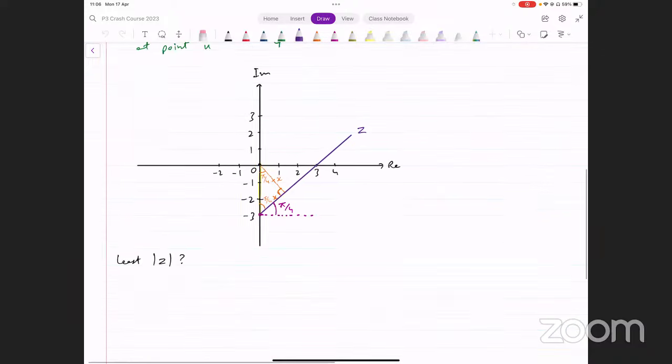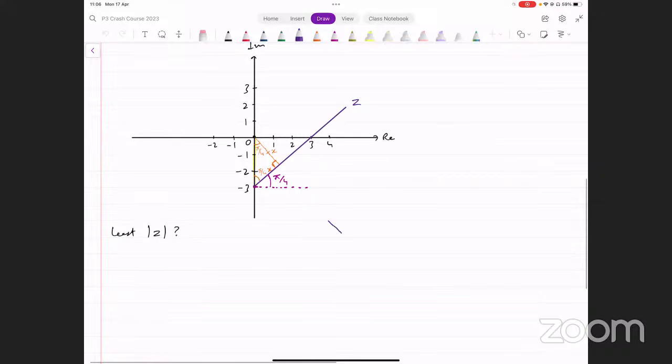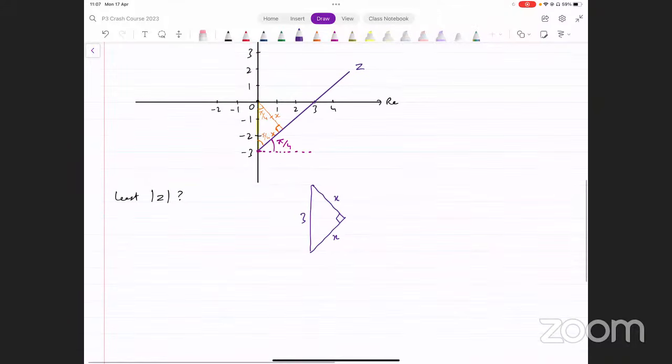Okay. So if I were to represent this triangle on the side here, this is roughly what this triangle looks like. This is the 90 degrees angle. We have this length x, this is 3. We can find the value of x from this. We can use Pythagoras: base squared plus perpendicular squared equals hypotenuse squared.